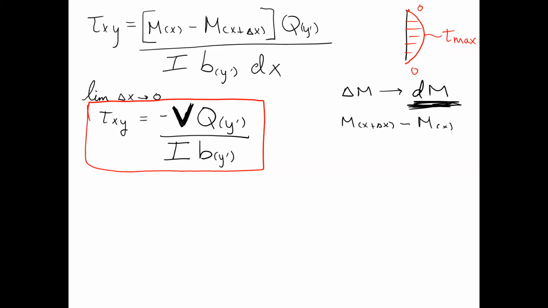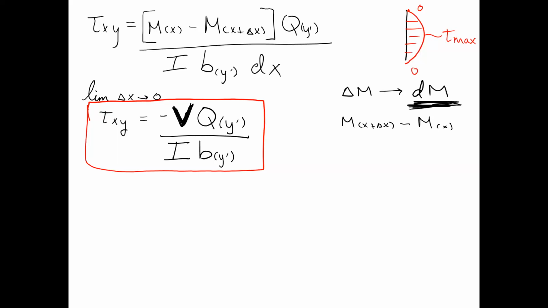All right. So negative VQ over Ib. What that means is if you want to know the shear stress in a member at a particular point, you first need to do a shear diagram to figure out what the shear force is acting at the cross section. You then need to figure out where vertically you are interested in, because that gives you the width at that location, if the width is changing.